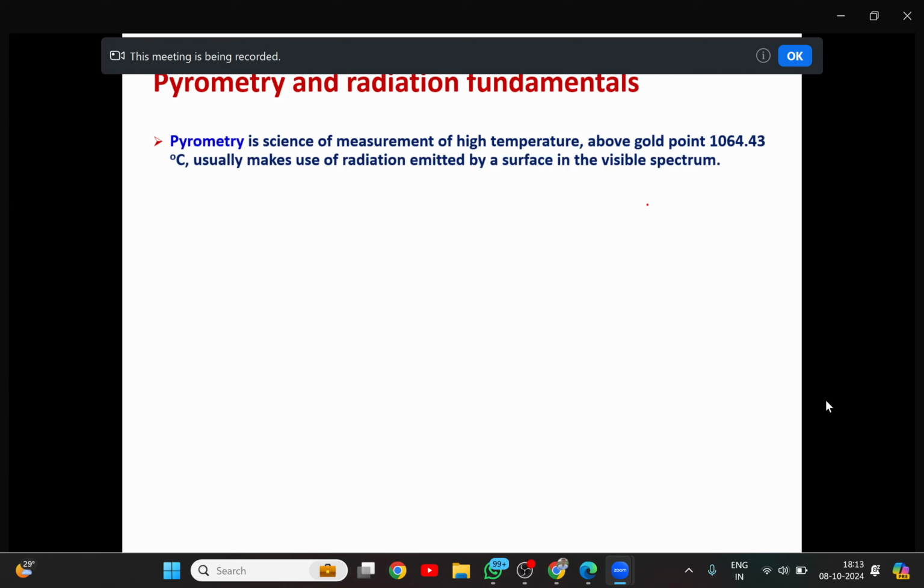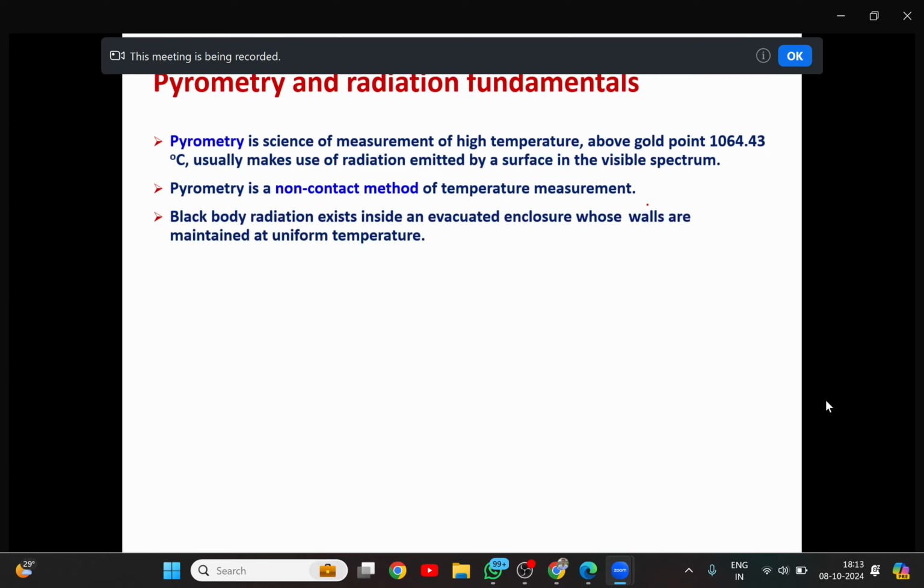Out of that electromagnetic spectrum, how much radiation is coming in the visible wavelength is what is important when we talk about pyrometry. Pyrometry is a non-contact method of temperature measurement because, unlike a thermocouple, thermistors, platinum PRT and so on, you do not physically put a probe there. You use some kind of optical method to measure temperature, without any physical contact.